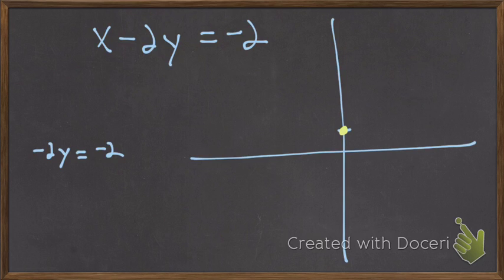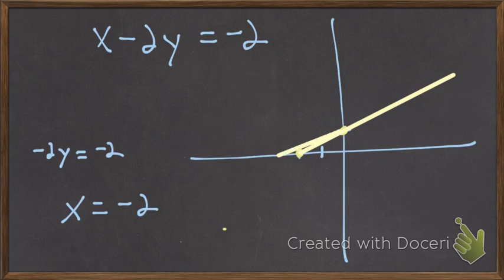Okay. Now, if we're going to do the x-intercept, my y is equal to 0, right? So I can just take it out. I'll just be left with x is equal to negative 2. And there's my line.